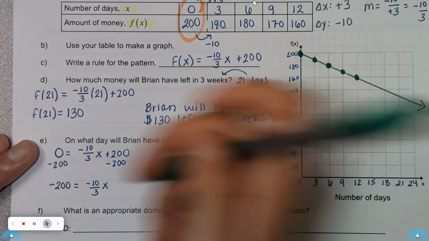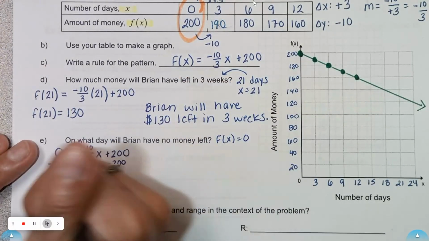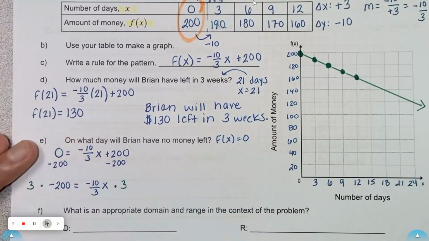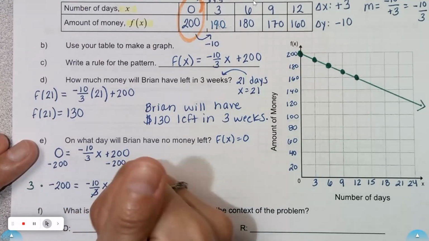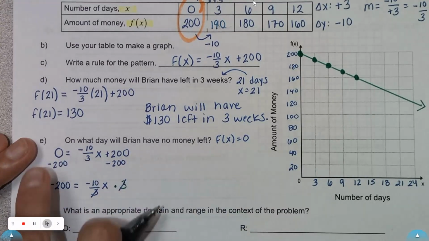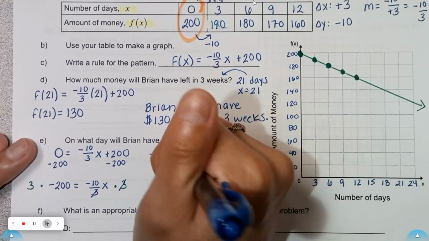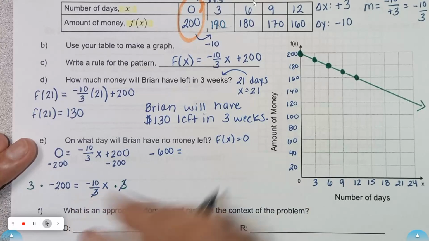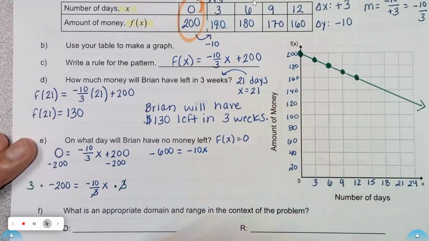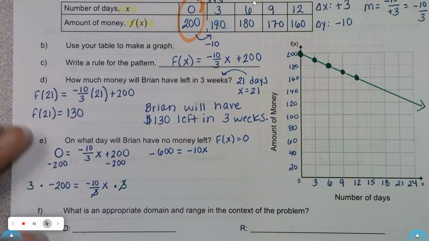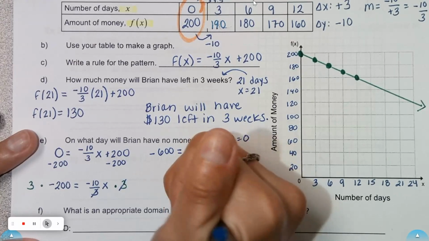So I'm going to multiply both sides by 3. That way these cancel. 3 times negative 200, negative 600. Then I'm left with negative 10x. The last thing I'm going to do, because I want the x by itself, is I'm going to divide by negative 10.